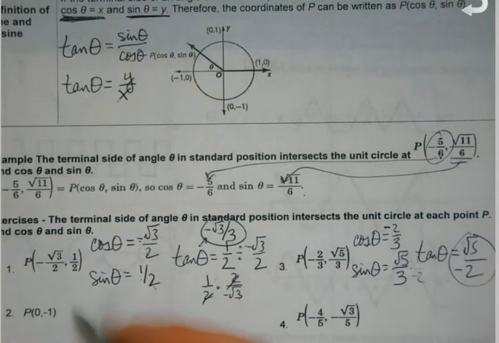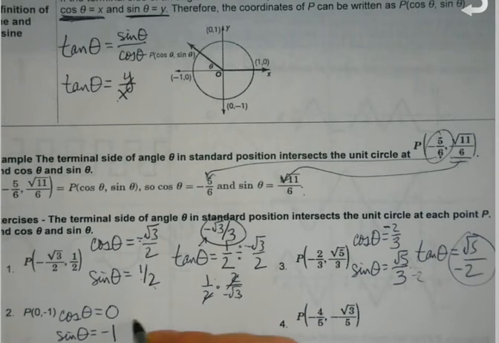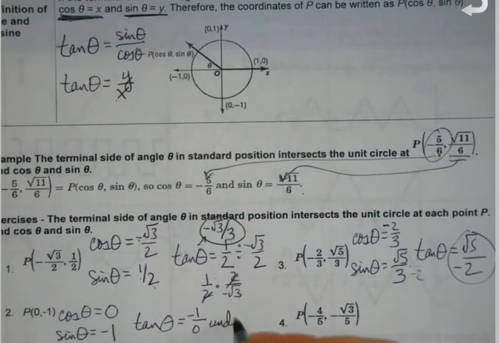So at 0, 1, it's still going to be my cosine and my sine. And then my tangent is still going to be sine over cosine, but oops, I can't divide by 0. So that would be undefined.